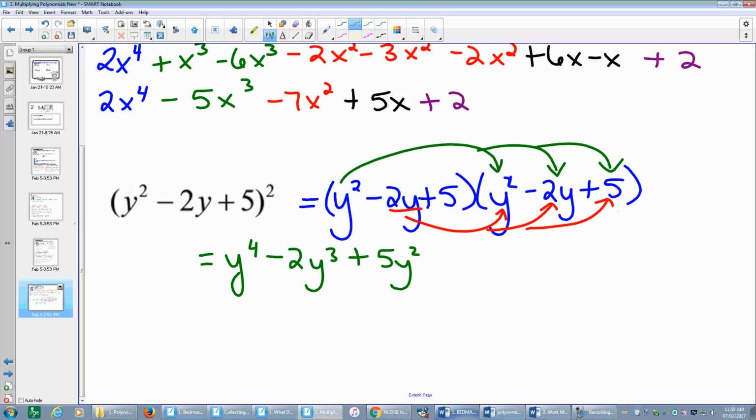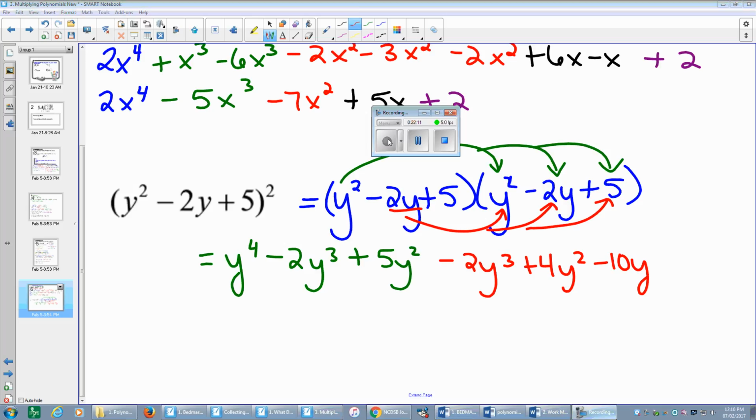So I have here minus 2y cubed plus 4y squared minus 10y. Okay, and then we take this last term here and multiply it again by everything inside that bracket. So I'll have plus 5y squared minus 10y plus 25.